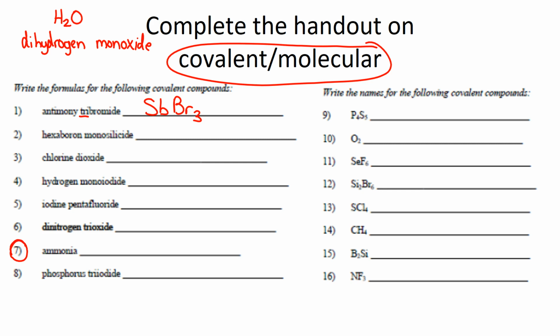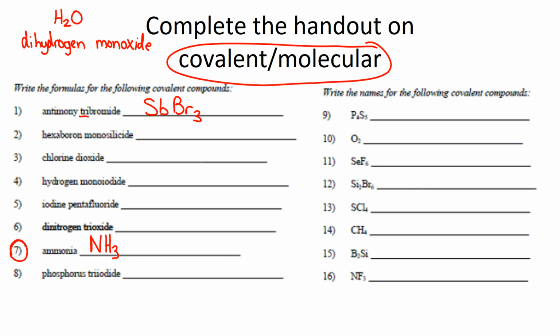All right. Now, ammonia is kind of the same way. I think I wrote it on the board yesterday, but ammonia is actually NH3. Now, I do want to distinguish that from ammonium. So remember the difference between these and a polyatomic ion. Notice none of these have charges on them.